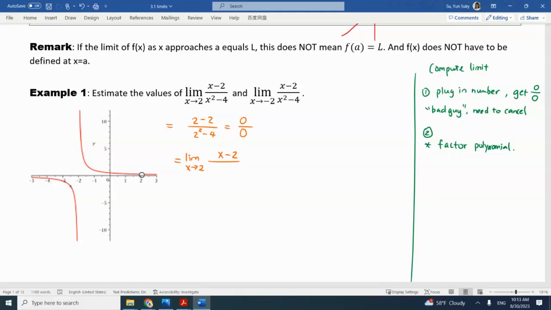When you see a fraction with a polynomial in the numerator and denominator, then factor it. You look at the numerator, x minus 2 is already linear. Can you factor further? No. But the denominator is a quadratic. Can you factor further? How do you factor it? Yes, very good: x plus 2 and x minus 2.